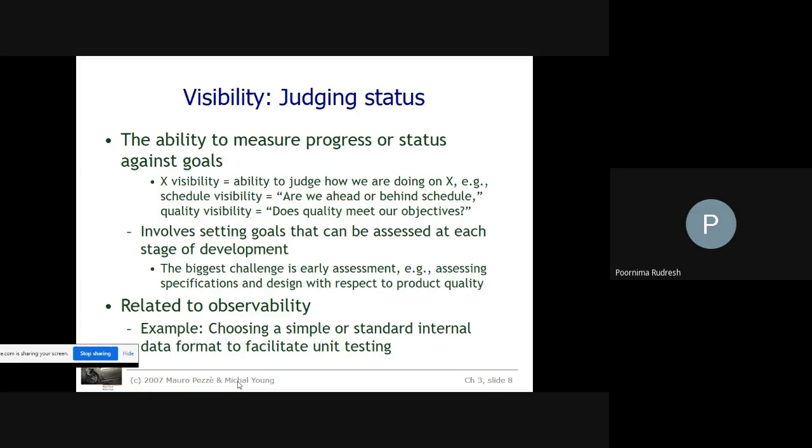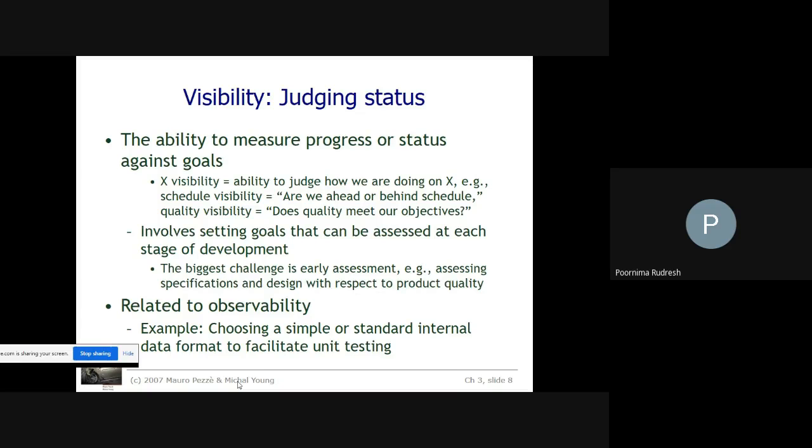So getting useful information from the specification phase, the design phase and the implementation phase leads to observability. Observability means the ability to extract useful information from each intermediate stage of system development.